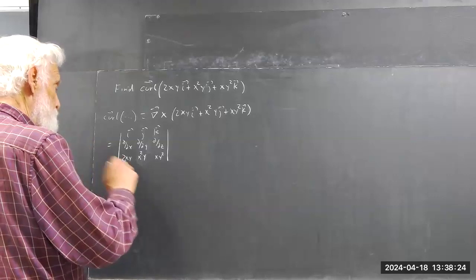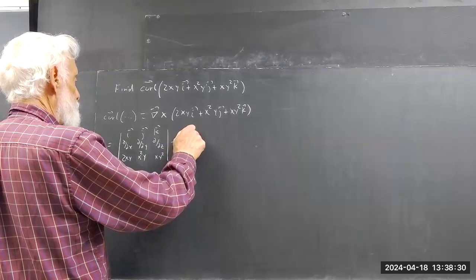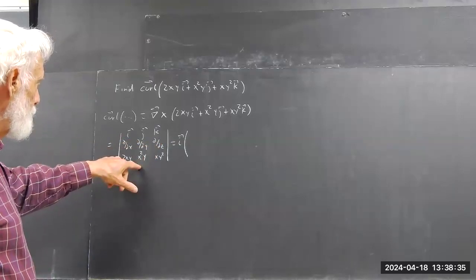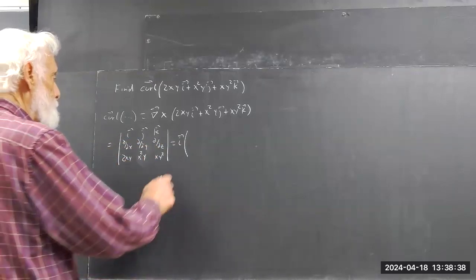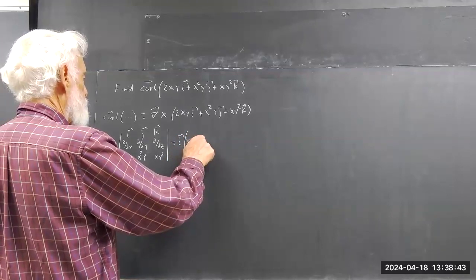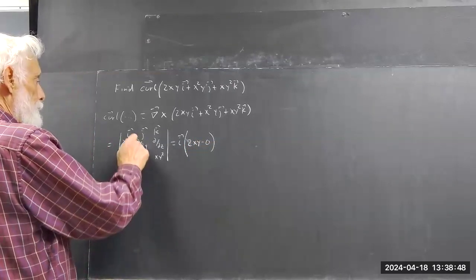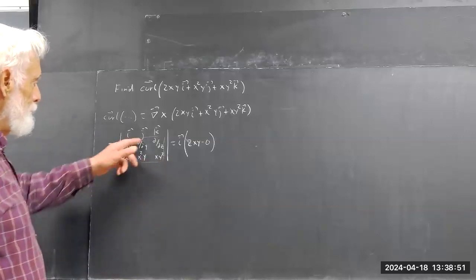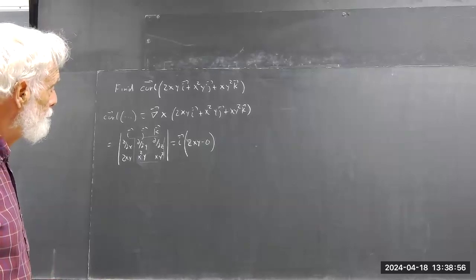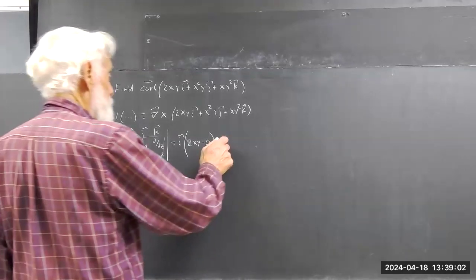And this equals what? It's i times the first minor, which is this minus this, times 2xy minus 0. Okay, because it's i times the determinant of this matrix, right? And then I'm going to write it out as I would with minors.